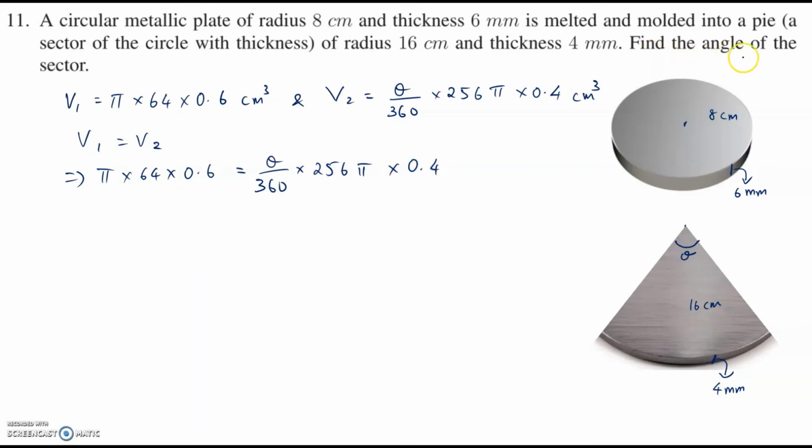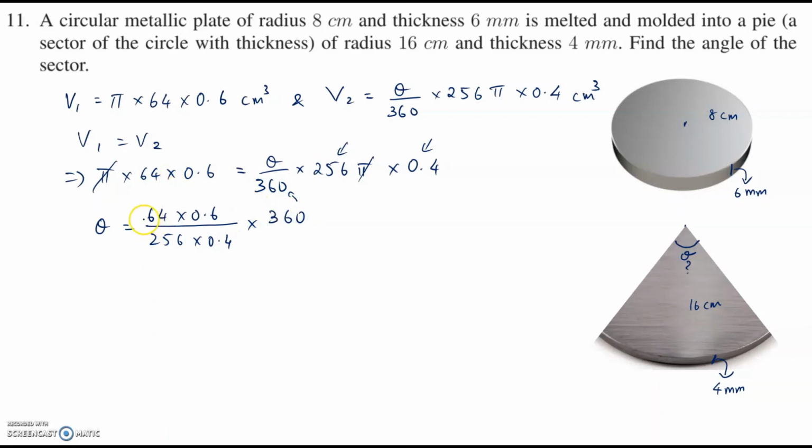We need to find the angle of the sector. We can cancel the pi on both sides, and rearranging, theta is equal to 64 into 0.6, divided by 256 into 0.4, times 360.